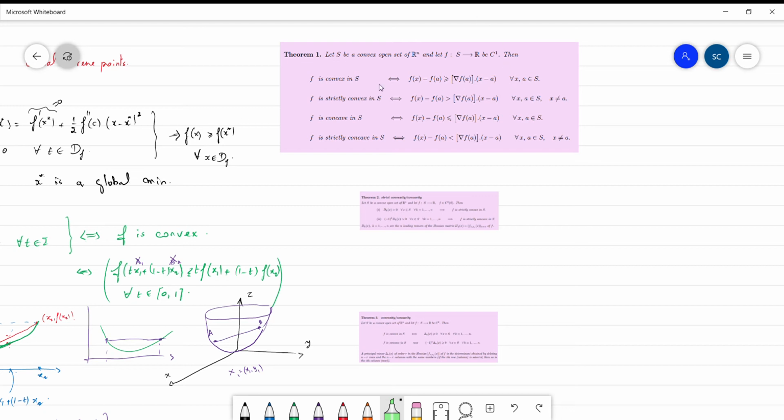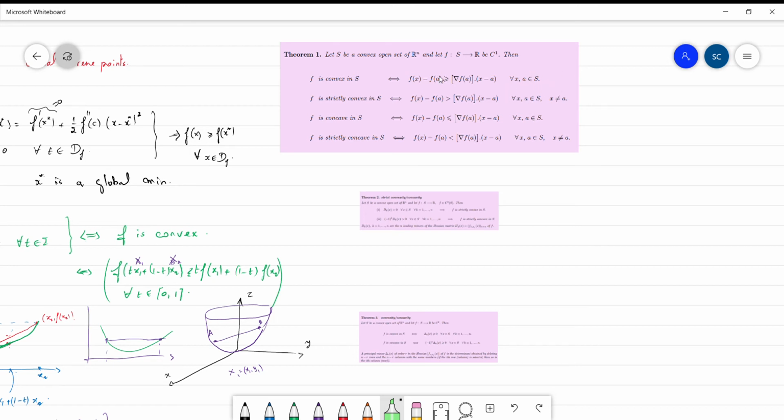So there is a characterization for C1 functions to be convex. It is equivalent to checking this inequality: the value of f at x is greater than or equal to f at a plus the gradient at a times (x minus a), for any x and a in the domain.